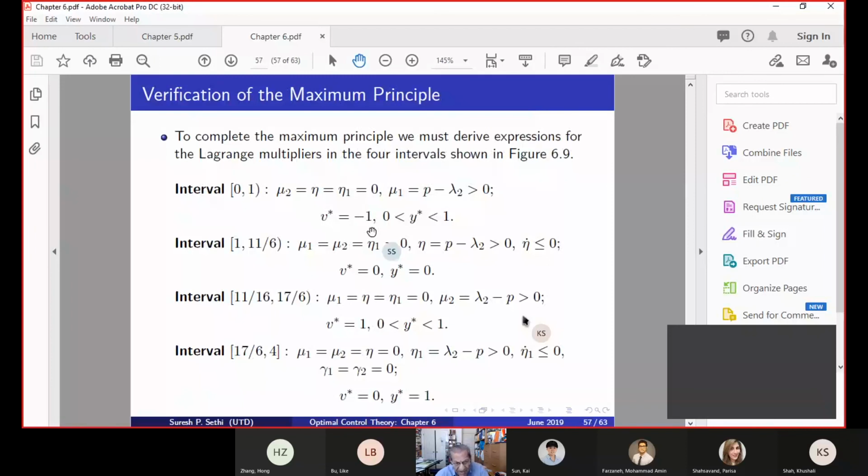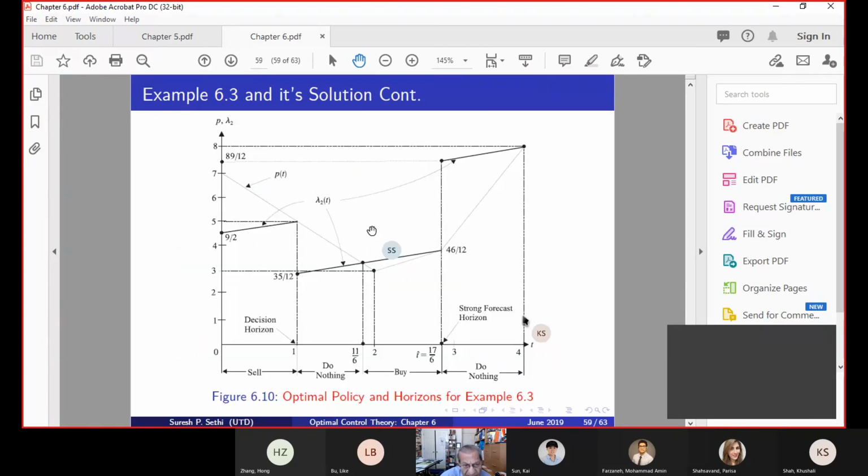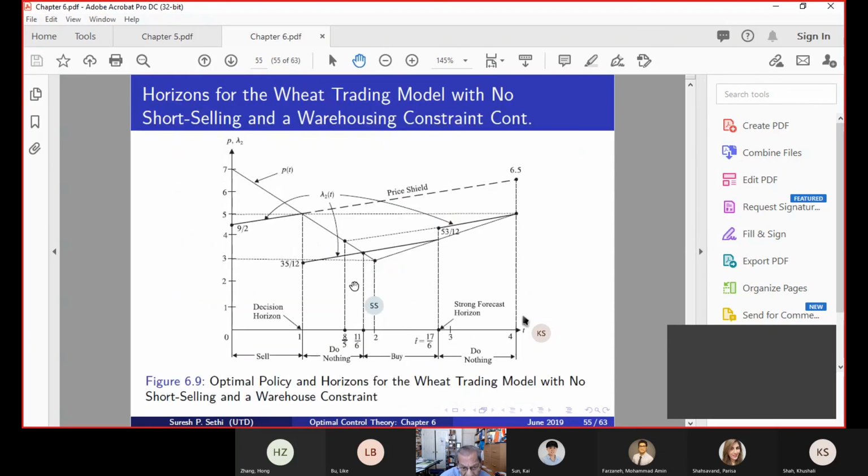The problem required many intervals and different solutions in many intervals, and of course we have mu's and lambdas and nu's and all that because of the state constraint. So it is quite a few things. What is going on here, for example, is that I have a solution here called decision horizon, and I have a forecast up to, let's see. I just want to give you what is going on here.